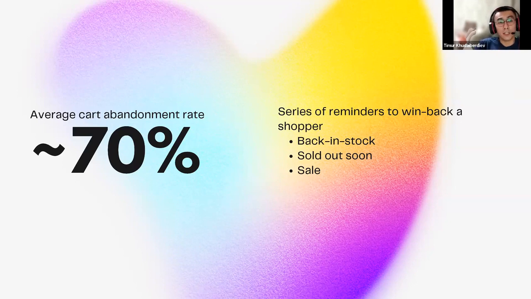So whenever it's available, they will get a personalized email saying, hey team, your t-shirt is back in stock, go ahead and grab it. And with GrowWave, you can even put some recommended sections below which can attract them as well. So this is one thing.